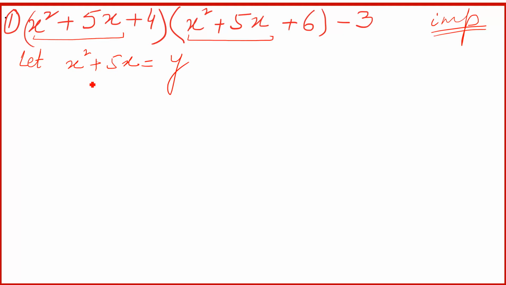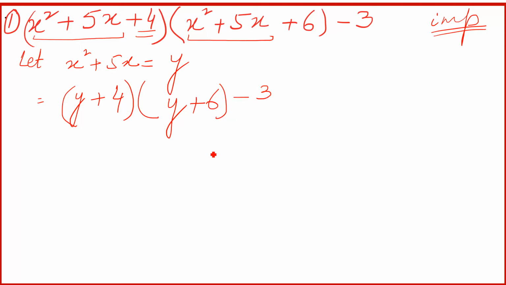So first this is (y + 4), because 4 is still there, parenthesis closed, multiplied by (y + 6), because 6 is still there, and minus 3.